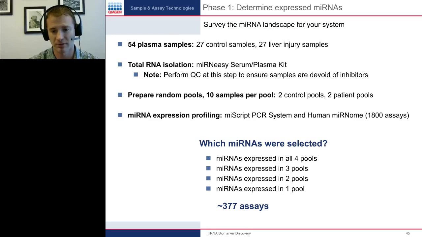For expression profiling, we used the miR-based profiler micronome array, miR-based version 18, of 1,800 assays. We selected microRNAs that were present in all pools, 3 pools, 2 pools, and 1 pool, and arrived at a population of 377 assays. So we narrowed this down from 5 384-well plates to 1 384-well plate simply by performing a pooled approach.